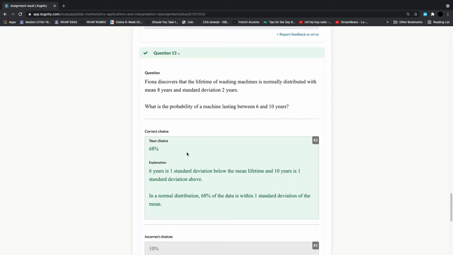Okay, you want to go to NormalCdf, and then it explicitly says that our mean is 8 and our standard deviation is 2, so keep that in mind. So we're now looking at the probability of a machine lasting between a range of years, 6 and 10. So that should make it pretty easy. Lower bound is 6, upper bound is 10, mean is 8 and standard deviation is 2.